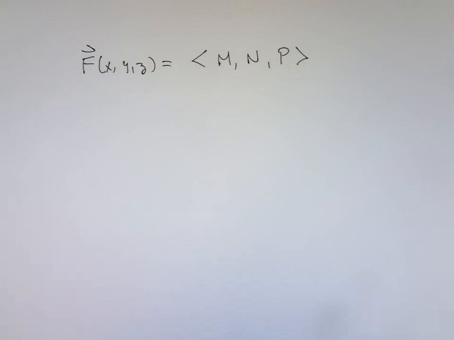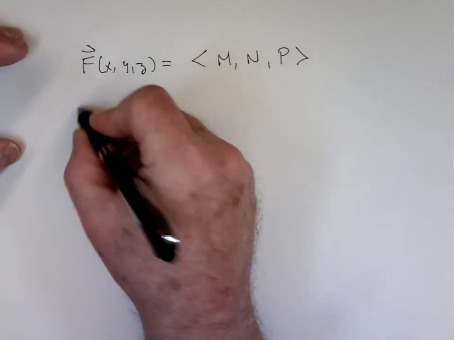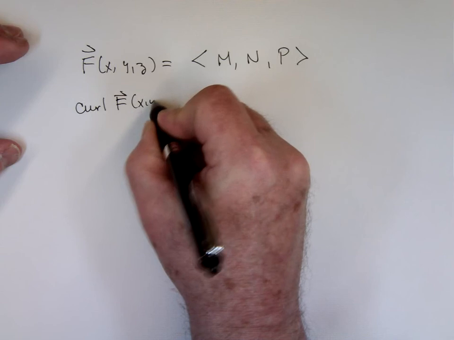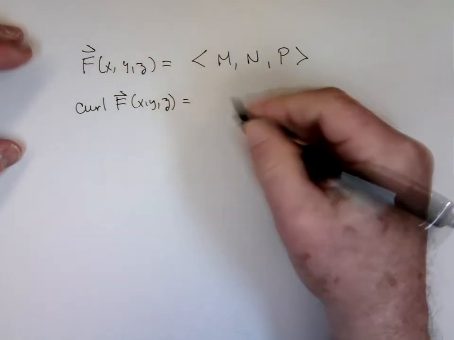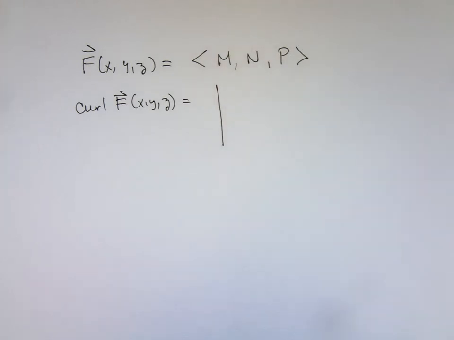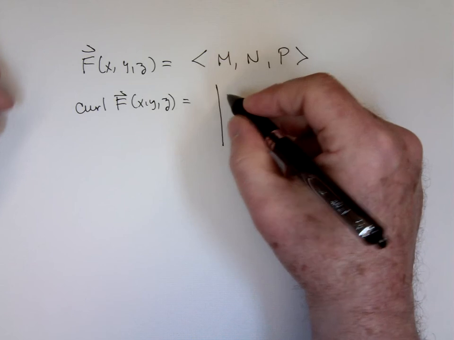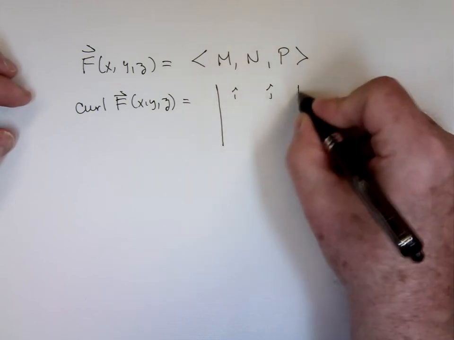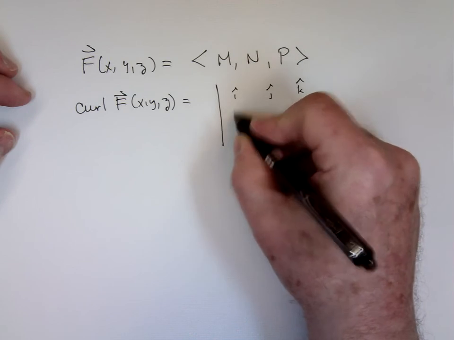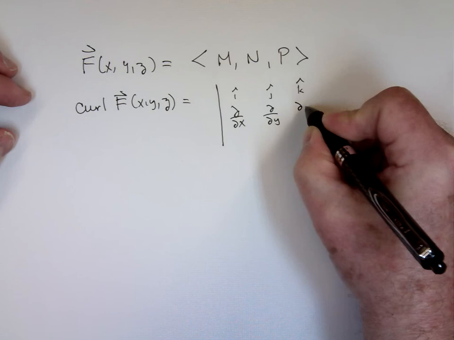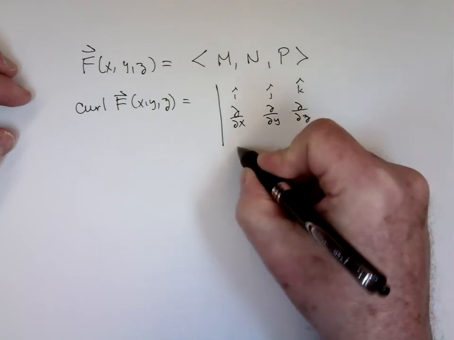First of all, we've got to find the curl. The curl of this function is equal to the determinant with rows i, j, k; partial with respect to x, partial with respect to y, partial with respect to z; and m, n, p.